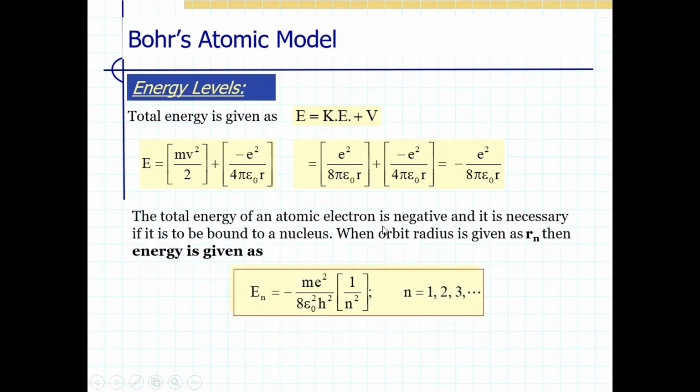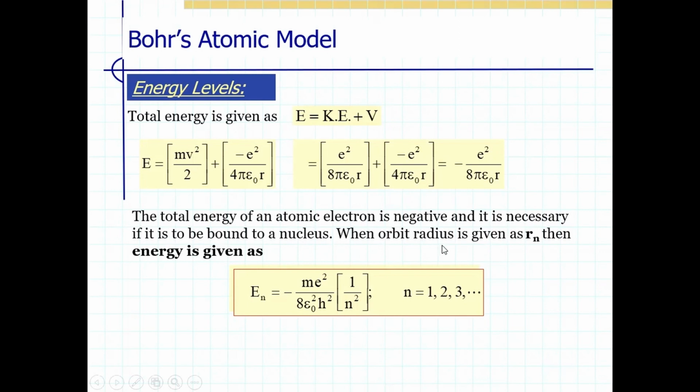The total energy of the atomic electron is negative, which means that it is not a free electron, it is a bound electron. Whenever we find a minus sign, it shows that attractive potentials work on it, and it is not allowed to be released. You have to give this much energy to get it released.